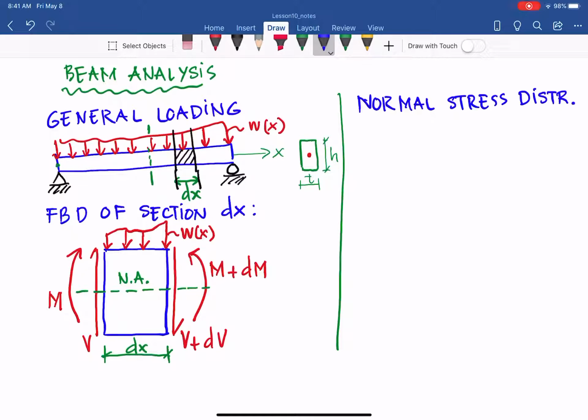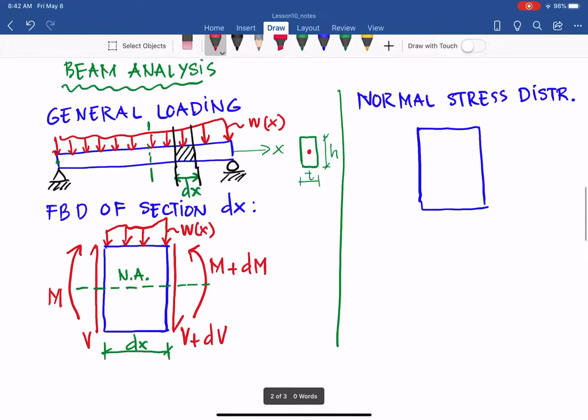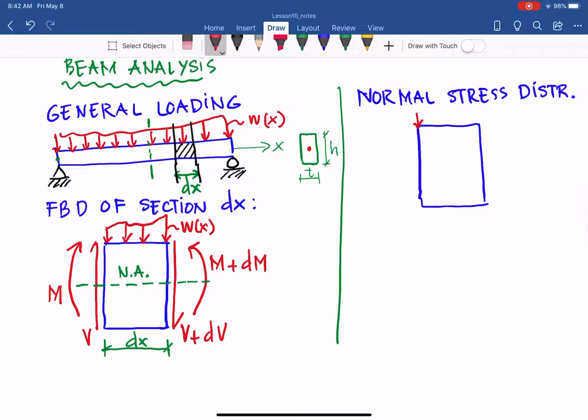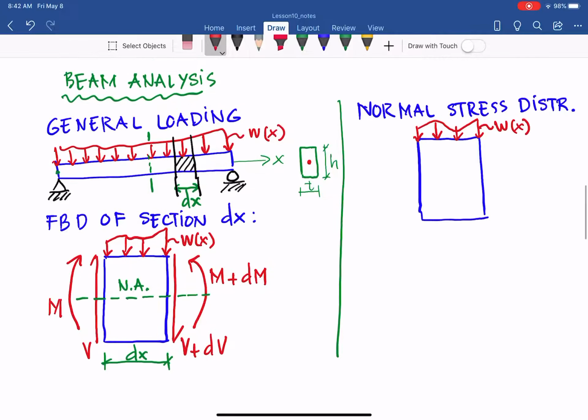the normal stress, and how that looks like. Let's review that one here with that differential slide. I redraw that section dx, and of course we have the load wx, and then just only the normal stress, so it's due to the moment.